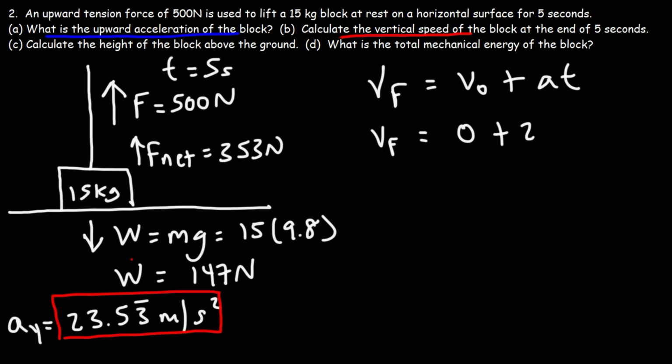The acceleration is positive 23.53 because it's going up, multiplied by 5 seconds. So the vertical speed in the y direction is going to be 117.6 repeating meters per second.